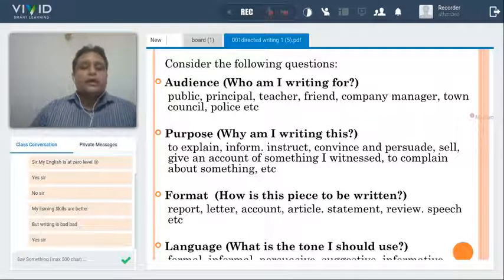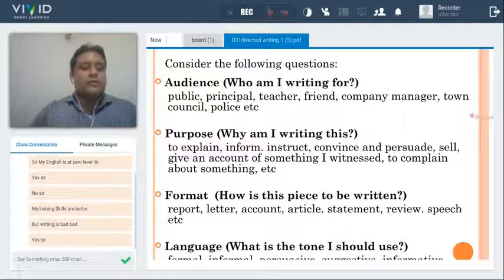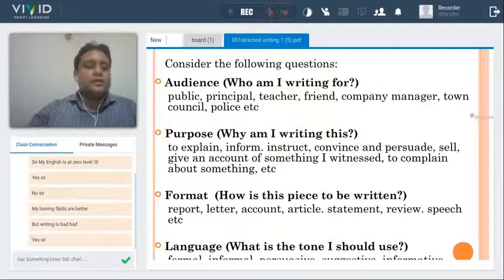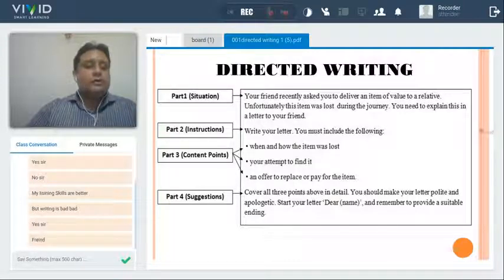So based on that sample question that we just read, what was the audience of the question that we just read? Who are we writing to? Could you please read that question once again and tell me who we are writing to? Are we writing to our teacher, or are we going to write this letter to a principal of ours, our friend?